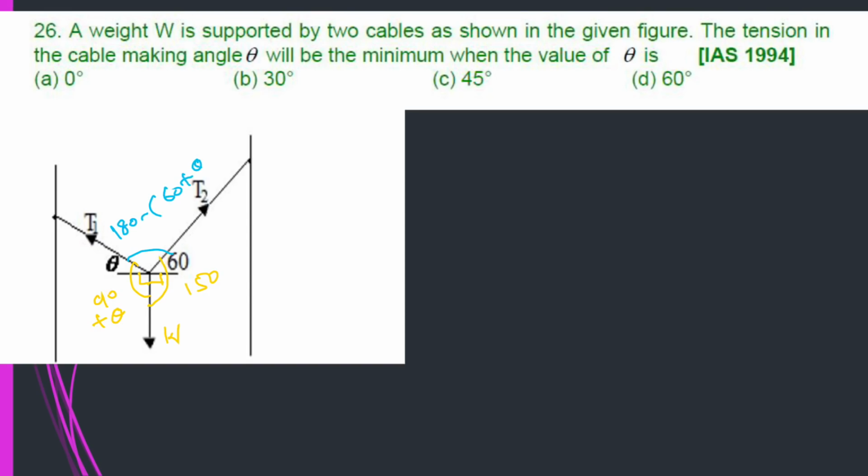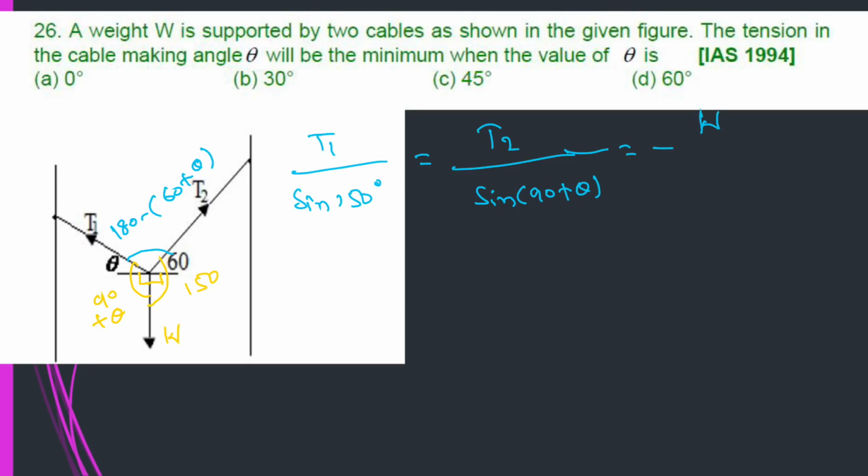T1 divided by sine 150 degree is equal to T2 divided by sine 90 plus theta, and it's equal to W divided by sine 180 minus 60 plus theta.